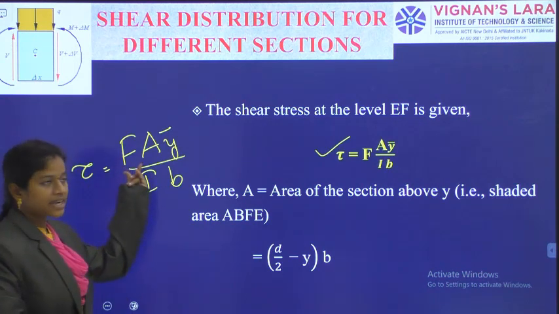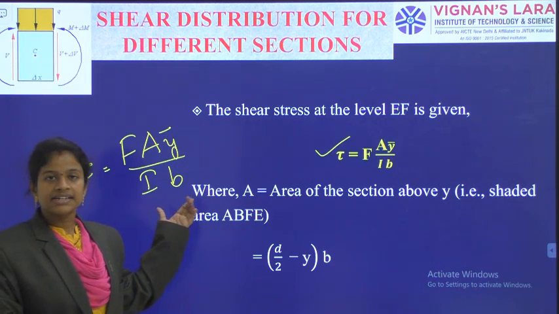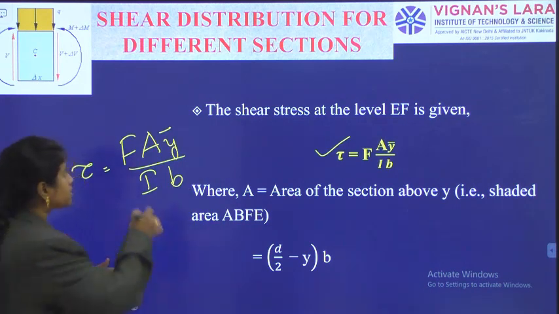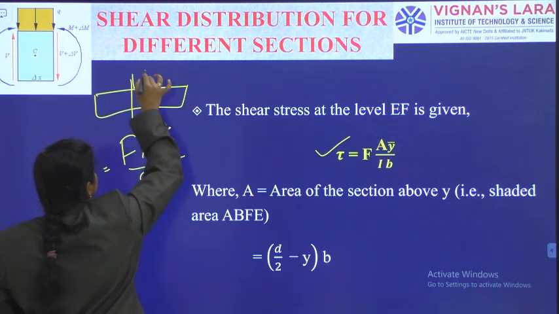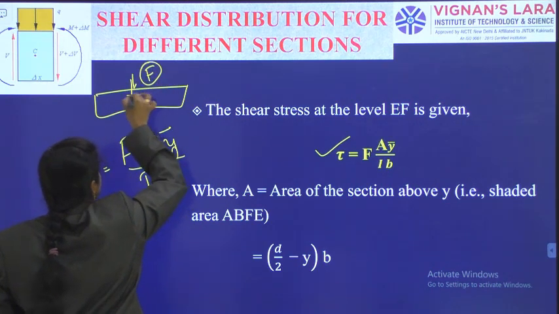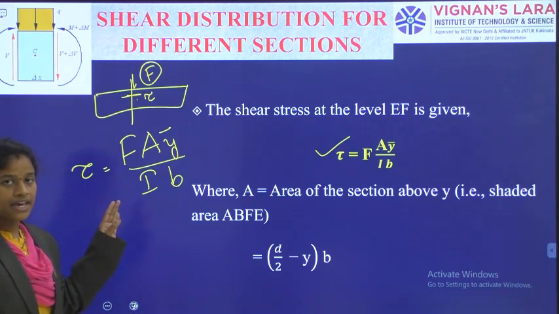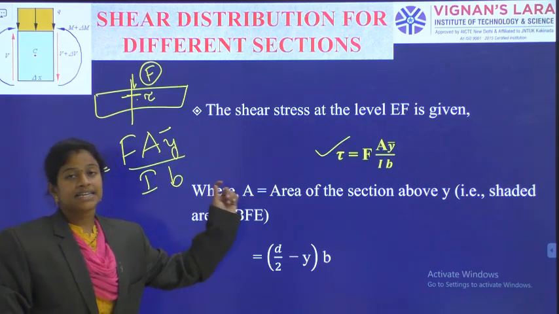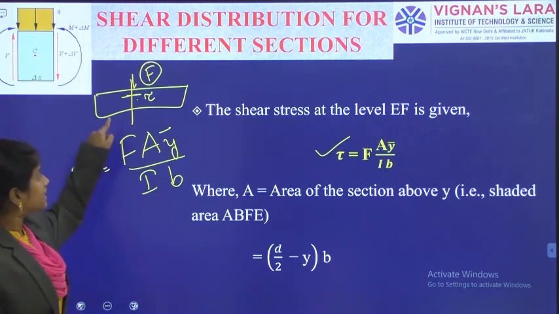Firstly, this capital F is the shearing force acting at the section where I am calculating the shear stress. So along the beam at some section the shear force is F, and at some point I am calculating the shear stress. Capital A is the area of the portion above where we are calculating the shear stress.